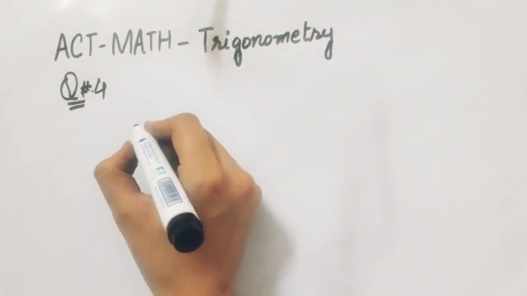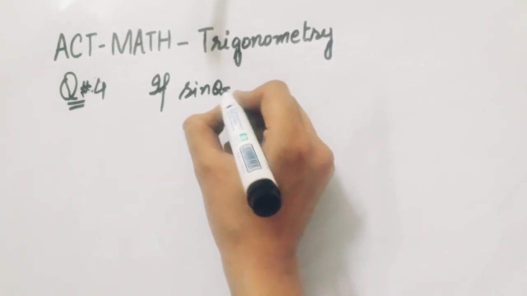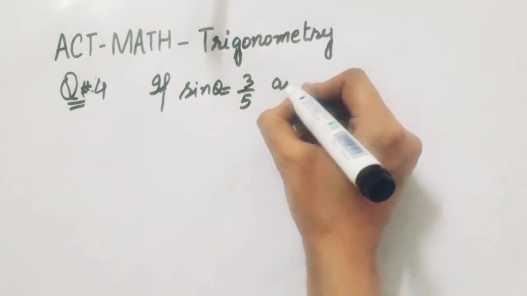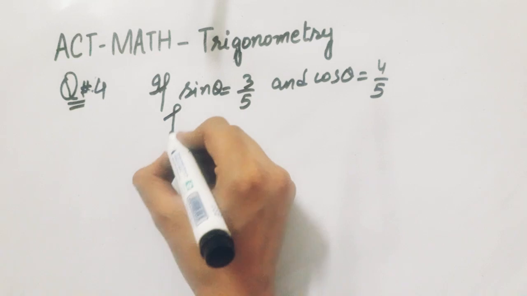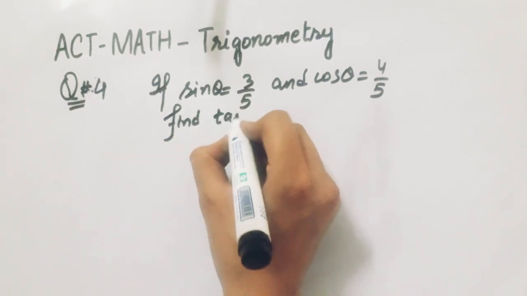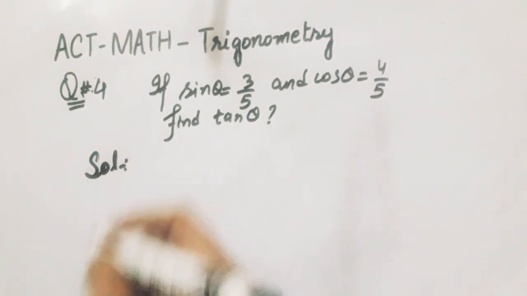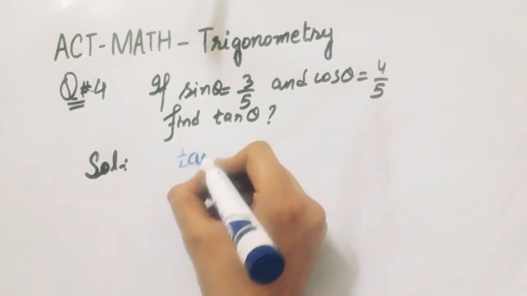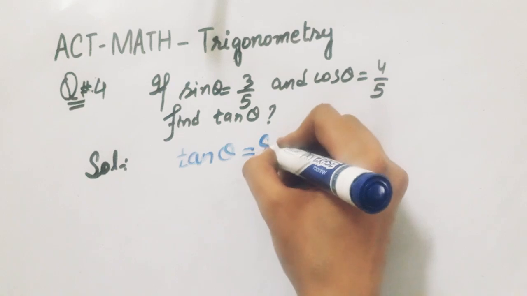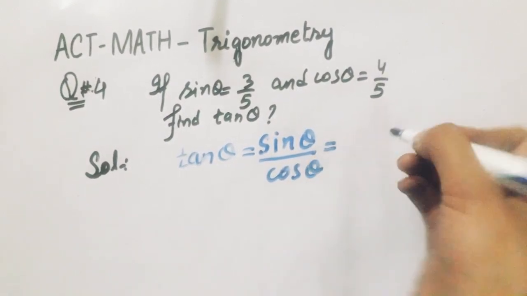So question number 4 is, if sine theta is equal to 3/5 and cos theta is equal to 4/5, find tan theta. So we will find the tan theta value as, we know that tan theta is equal to sine theta by cos theta.